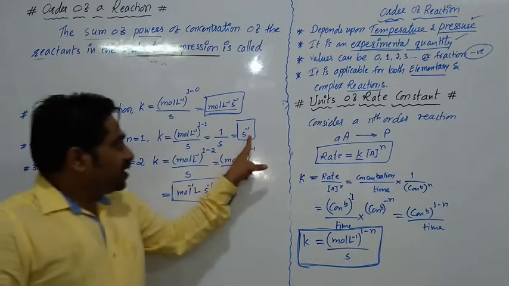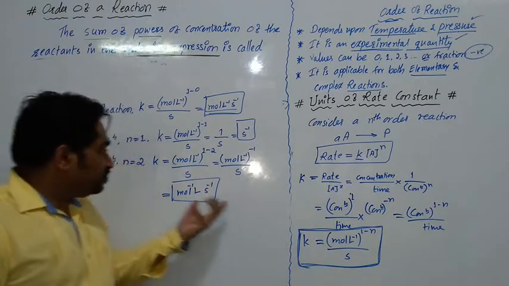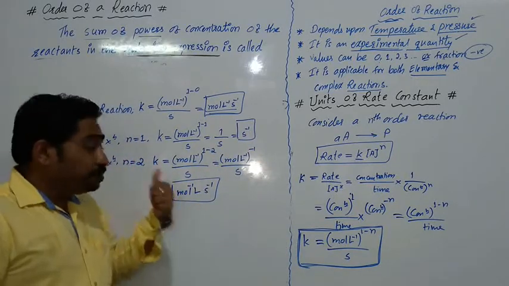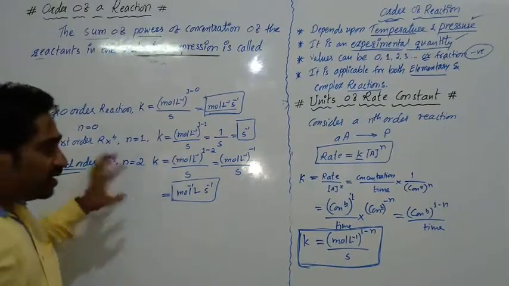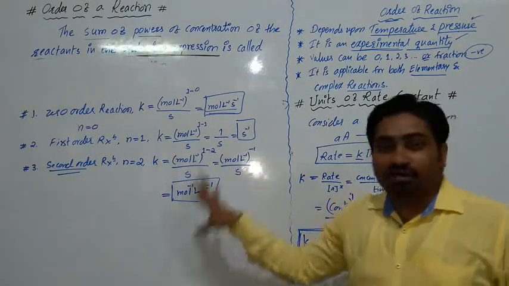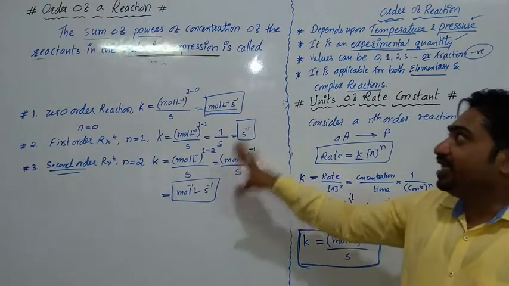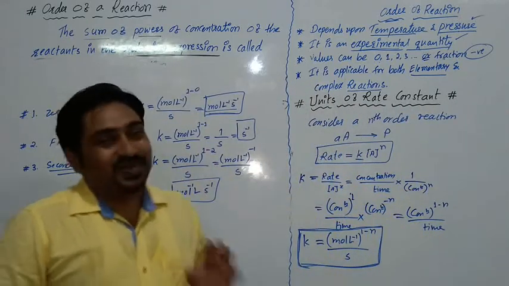If the unit of rate constant is per second, it is first order. If the unit is per mole liter per second, it is second order. So like this you can directly take the order of reaction. I hope all of you understood this. Okay, thank you.